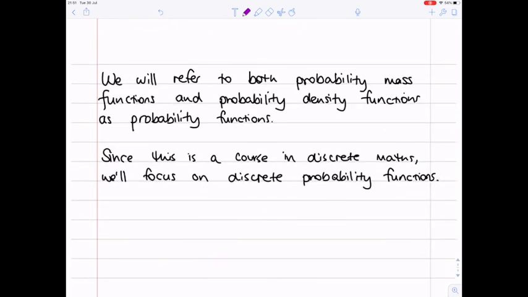We will refer to both probability mass functions, so that's for discrete random variables, and probability density functions, which is for continuous random variables, as just straight probability functions. And mostly, when we're talking about probability functions, these will actually be discrete probability functions.